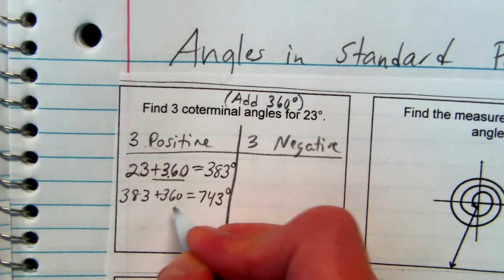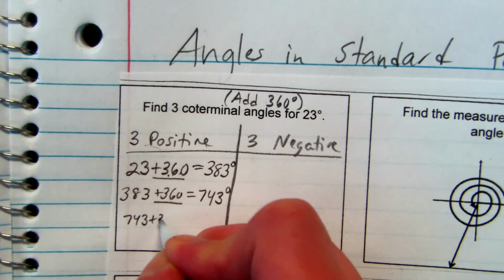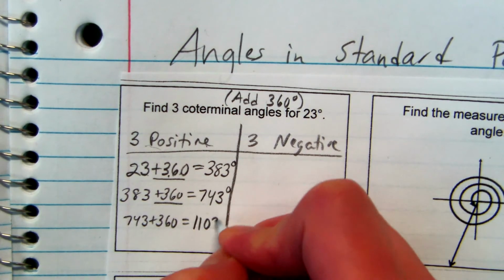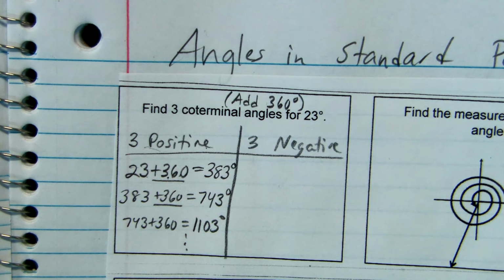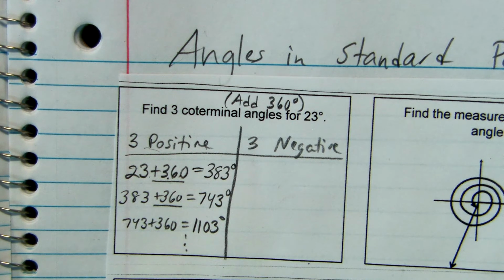So what we're doing is add 360, add 360. You can take 743 and add 360. They just keep getting bigger. We get 1103. You can keep going and adding. I'll come back and talk about the negative in a minute after we talk about negative angles.